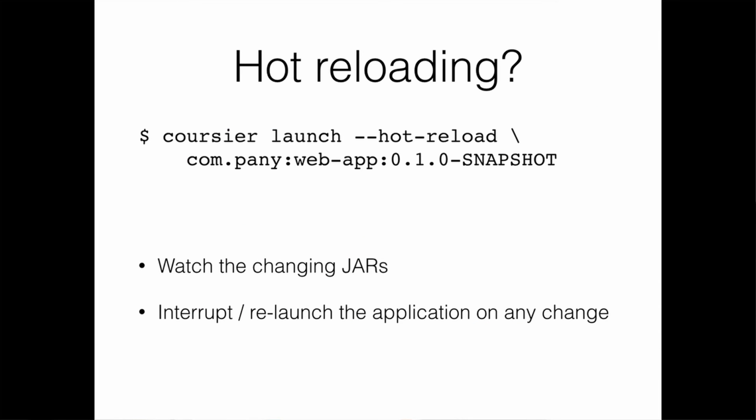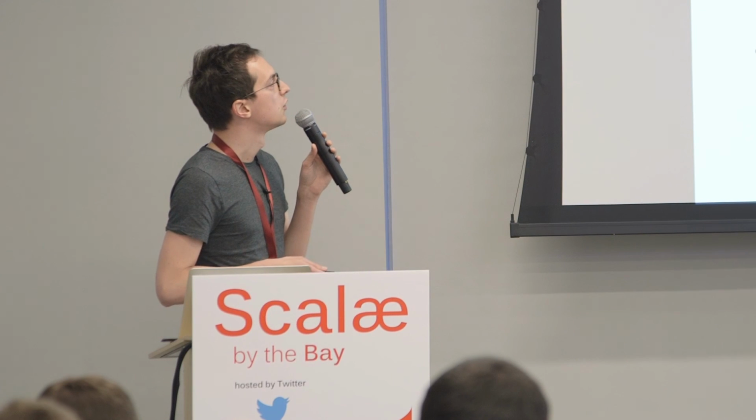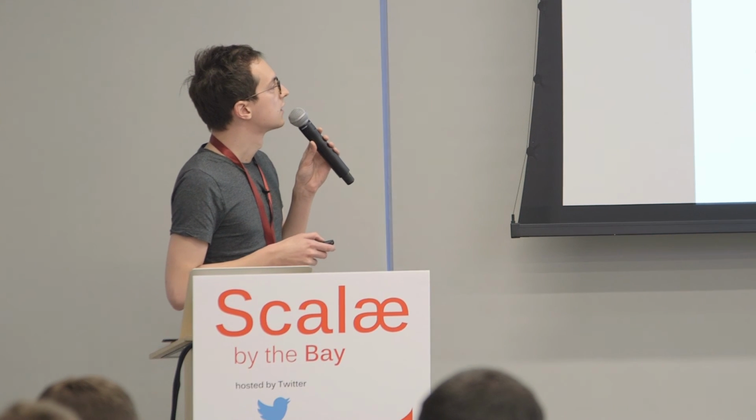Now, other features that could land in coursier after 1.0 are, for example, hot rewriting. When we launch an application, it can be a web server using, let's say, HTTP4S or Finch, which don't handle hot rewriting natively. But if we launch them via coursier, coursier could actually handle the hot rewriting part.